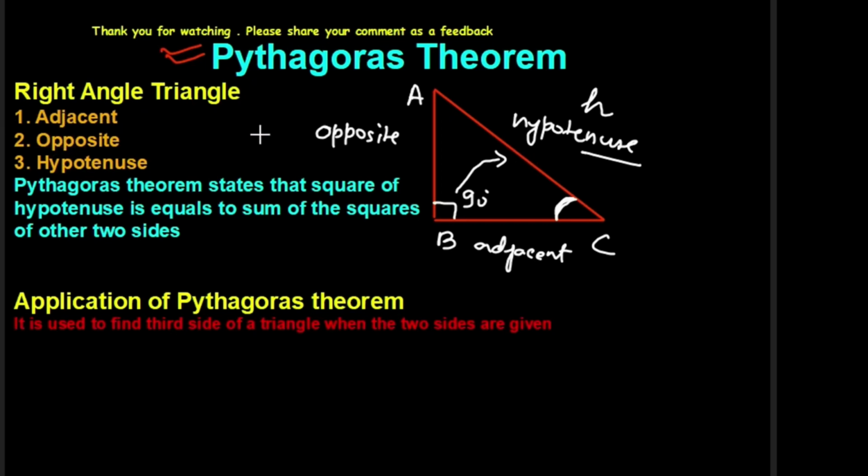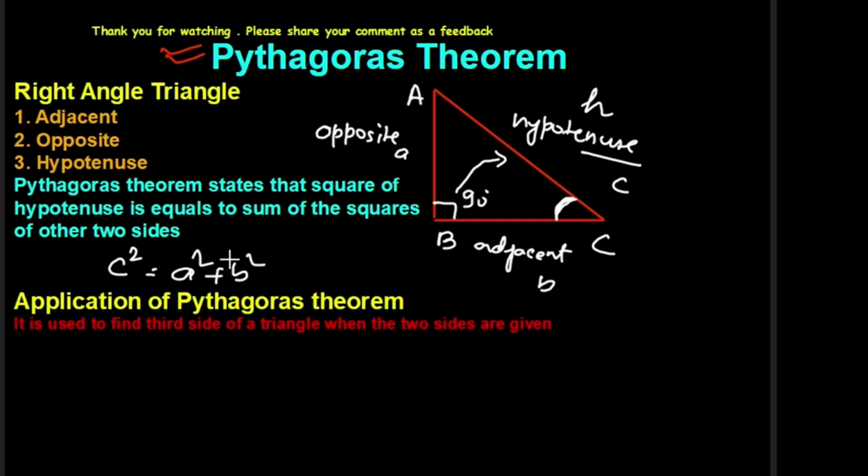So if we know these three, there is a relation between the three sides in the Pythagoras theorem. What does it state? It states that the square of the hypotenuse, suppose the hypotenuse is denoted by C, the opposite by B and the adjacent by A, is equal to the sum of the squares of the other two sides.